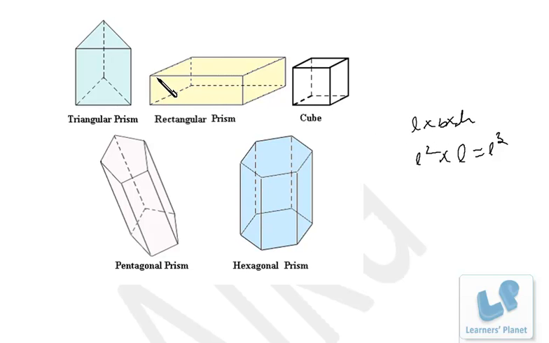So this is the volume of this cube, and this is the volume of the cuboid, right? Now, if at all we wish to find out the surface area, then easily we can calculate. This is length into breadth. Two surfaces are there for length and breadth, the top and the bottom, right? Similarly, this surface is length into height, this and this.